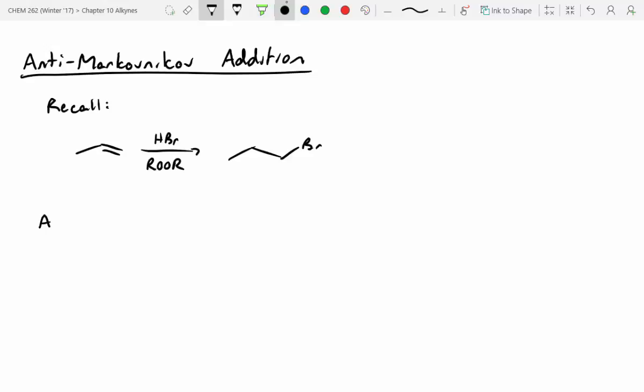With alkynes, it's very similar. You can take an alkyne, such as this one, and react it with HBr and some peroxides, and you get an analogous reaction.